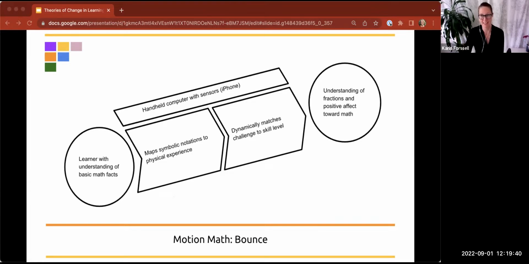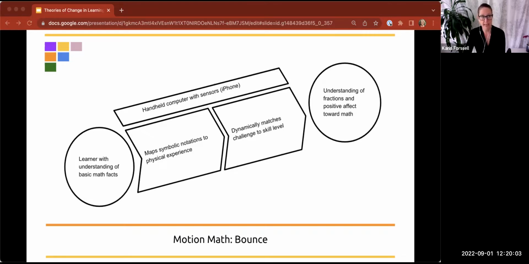We want them to like it, to want to play more. And using symbolic notations mapped to a physical experience based on the research with manipulatives, while also dynamically matching challenge to skill level. Now, this was 2010, and the iPhone was fairly new at the time.